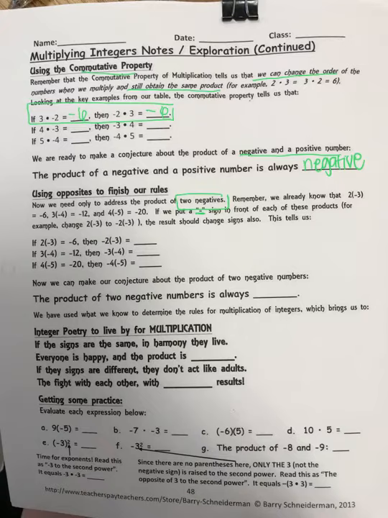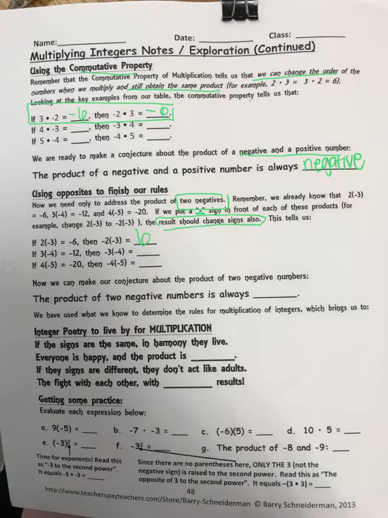For example, if we change 2 times negative 3 to negative 2 times negative 3, the result should change signs also. So if 2 times negative 3 equals negative 6, then negative 2 times negative 3 equals what, Madeline? 6. Positive 6.